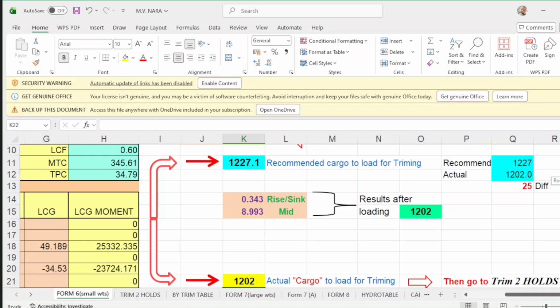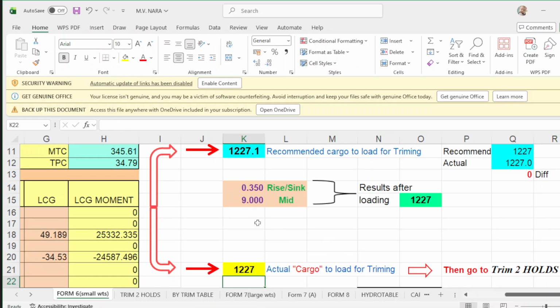Since the program recommended to load 1227, just follow the recommendation of the program. 1227, okay? Then you have exactly the same draft and your sinkage. So the actual cargo to load for trimming should be 1227.